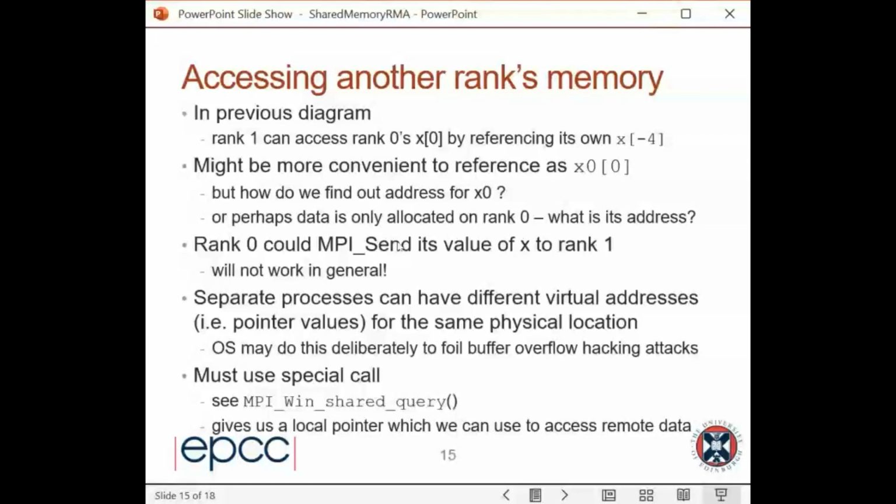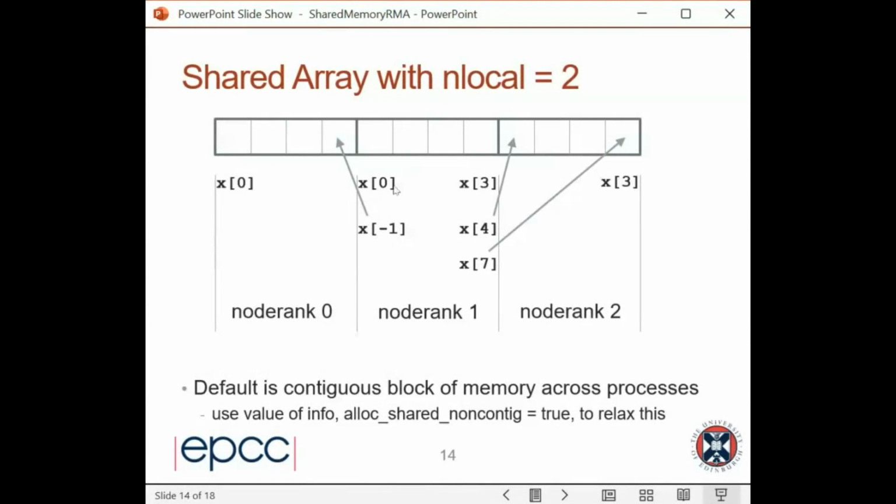Now, you can't do that because of the way that shared virtual memory works. Separate processes can have different virtual addresses for the same physical location. In other words, the pointer value that node rank 0 uses to reference that would not be valid on node rank 1.